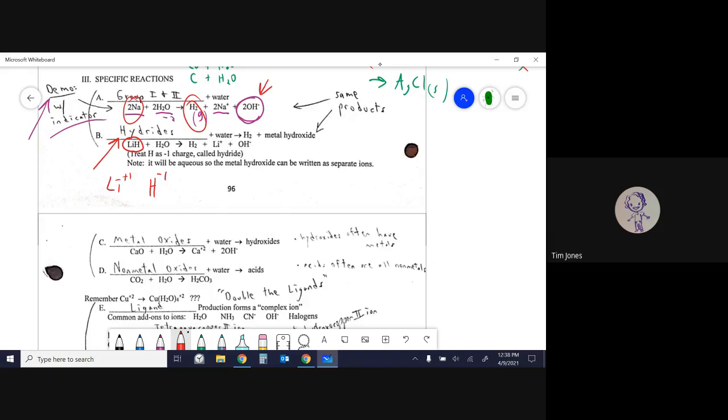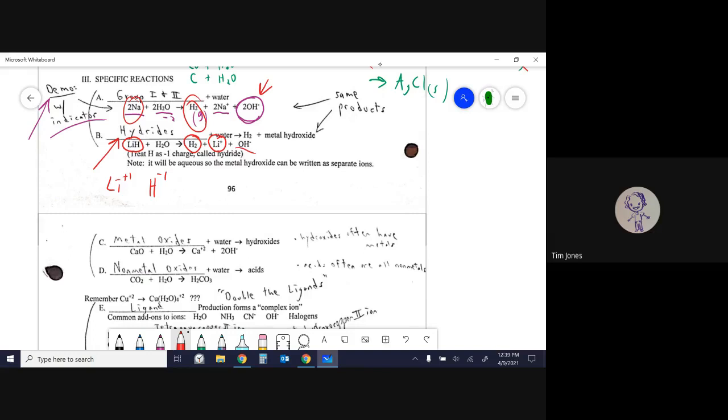So these are fairly reactive. And in this case, the hydrogen wants to get rid of that electron. Well, it's got 2 electrons, but it wants to get rid of at least one of them. So it's going to give them to water. If water gains electrons, just like before, you get H2. The lithium really isn't doing anything, and you're left with hydroxide. So notice these 2 reactions in A and B are very similar. So it's best to group those together.